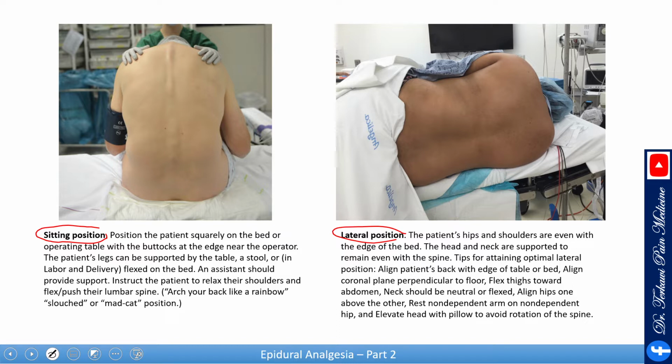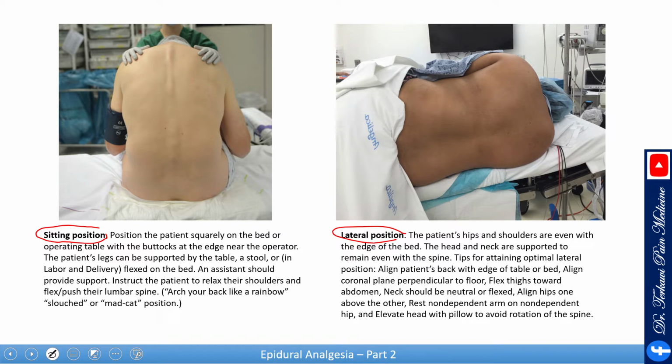Align coronal plane perpendicular to floor. Flex thigh toward abdomen. Neck should be neutral or flexed. Align hips one above the other. Rest non-dependent arm on non-dependent hip. And elevate head with pillow to avoid rotation of the spine.